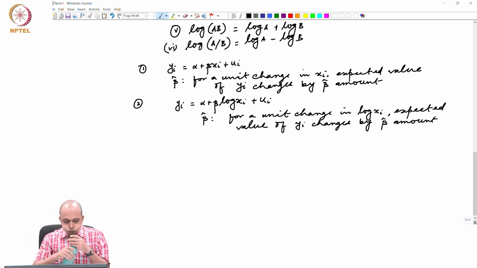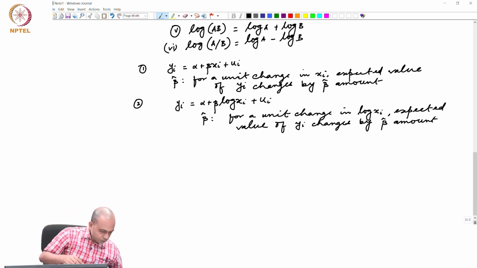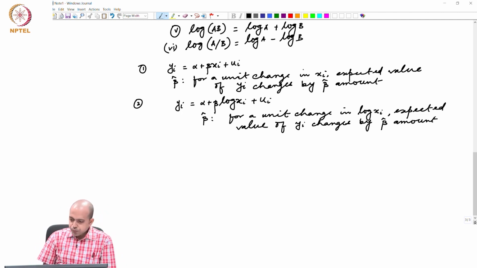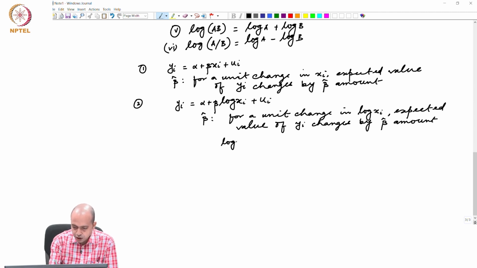How to do this? Let us say log x is increased by 1 unit. It will become log xi plus 1. This is a 1 unit change in log xi.